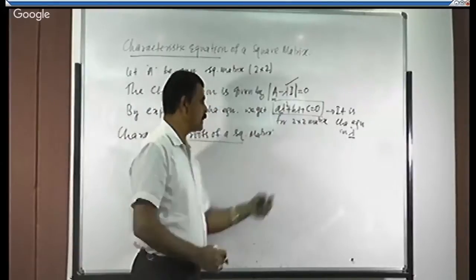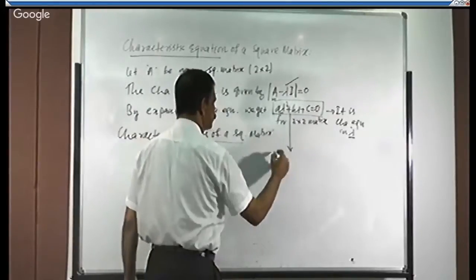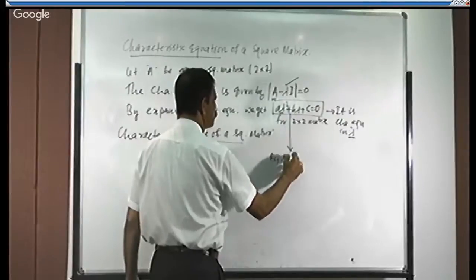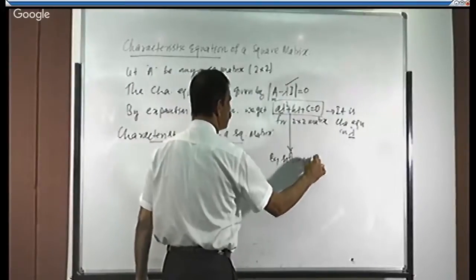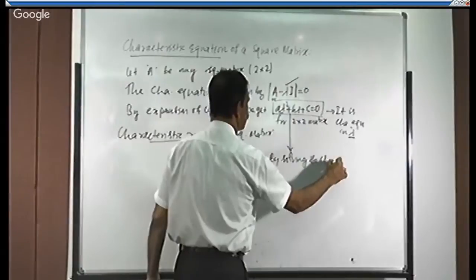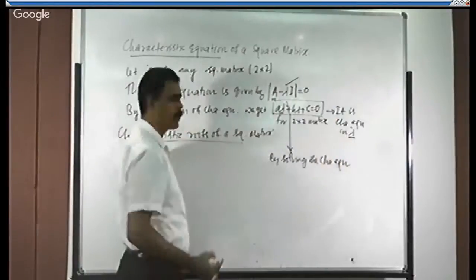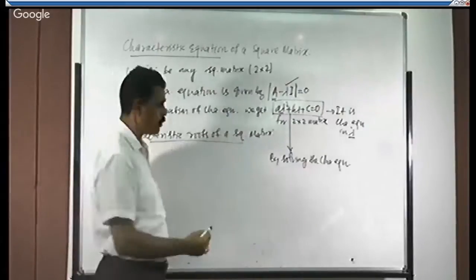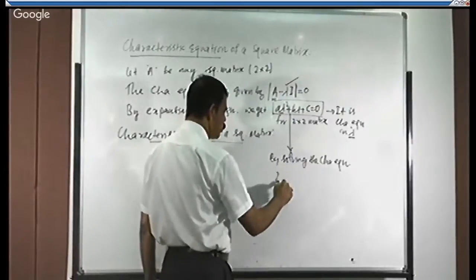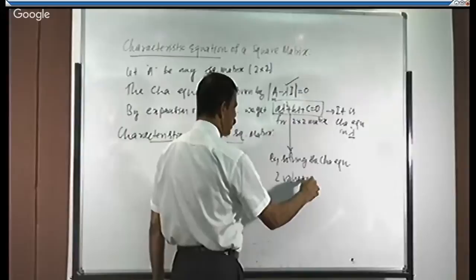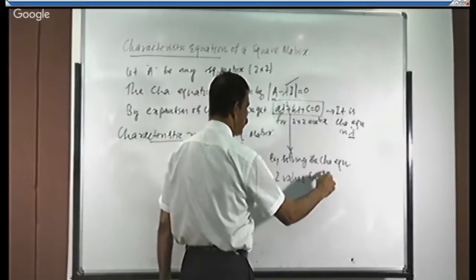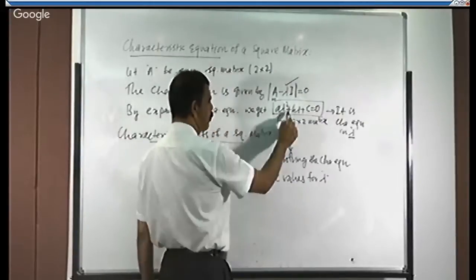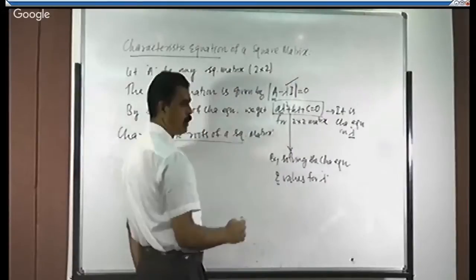By solving the characteristic equation A lambda square plus B lambda plus C is equal to 0, we get two values for lambda. It is a quadratic, therefore we get two values for lambda.